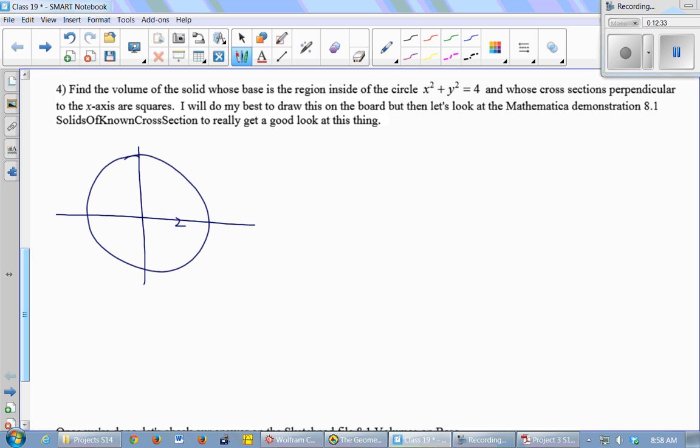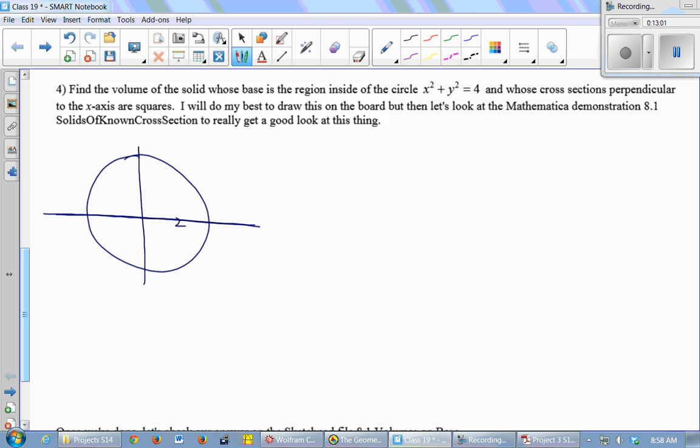So this is the base of a three-dimensional object. So there's a third dimension to this thing, and this is only a two-dimensional board, so this is difficult for me to draw. But you're going to imagine the cross sections of these things perpendicular to the x-axis. So here's my x-axis. I have to draw these things perpendicular to the x-axis in the third dimension. So like coming out of the board.